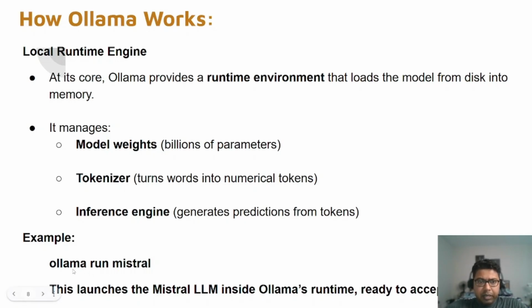Whenever we give this command, ollama run mistral, it loads or mounts this Mistral model in its runtime environment and allows us to pass our tokens, meaning our chats or prompts, to this Mistral model. It interacts with the Mistral model through the inference engine, generates the predictions, meaning a response, and returns it back.